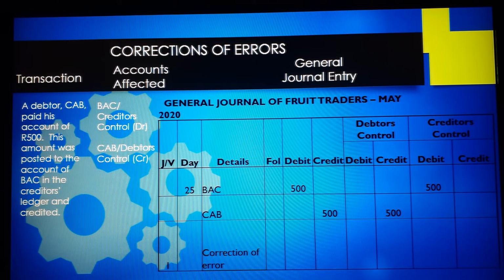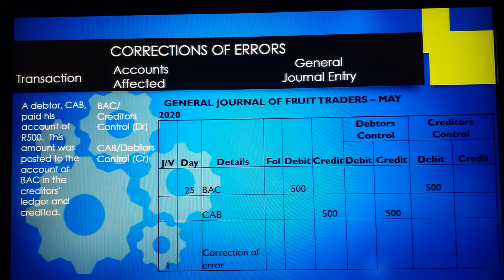Moving on to another correction of error, we could have a debtor, CAB, who paid his account of 500 Rand, but this amount was posted to the account of BAC in the creditor's ledger and credited. So therefore, BAC has 500 Rand too much. So we need to take it away.